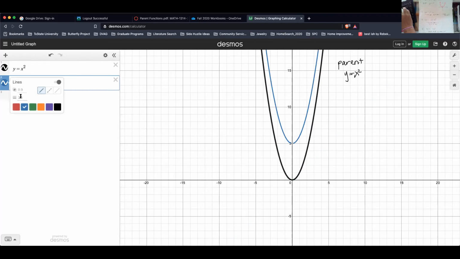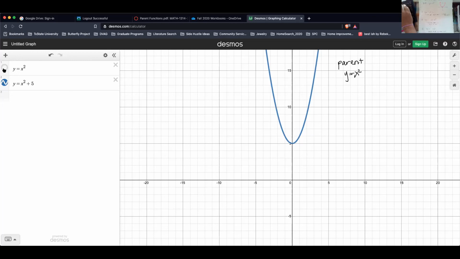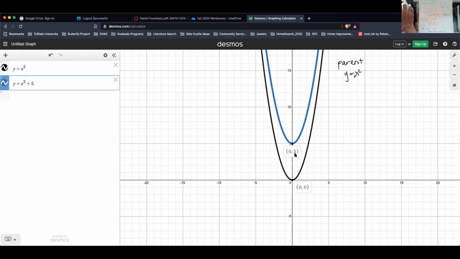Let me make this thicker. Well, it sort of looks like if we get rid of the parent, we shifted up 5, right? So the rules that I gave you aren't a lie. I have verified it here, at least in this demonstration, that if you add 5 to the parent function, this reference point at 0, 0 would move up to 0, 5 because we added 5 to the output. That is, we added 5 to the y value.